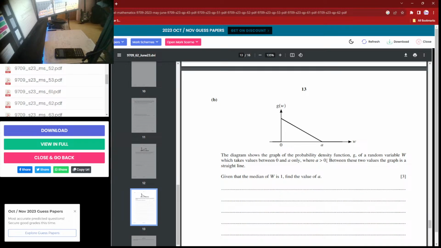But I know I'm very close to it. We need to find the equation of the line. But how do we find the equation of the line?